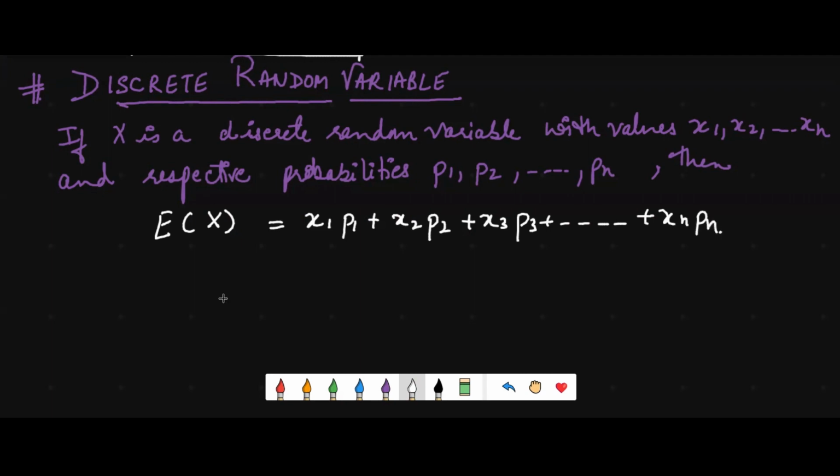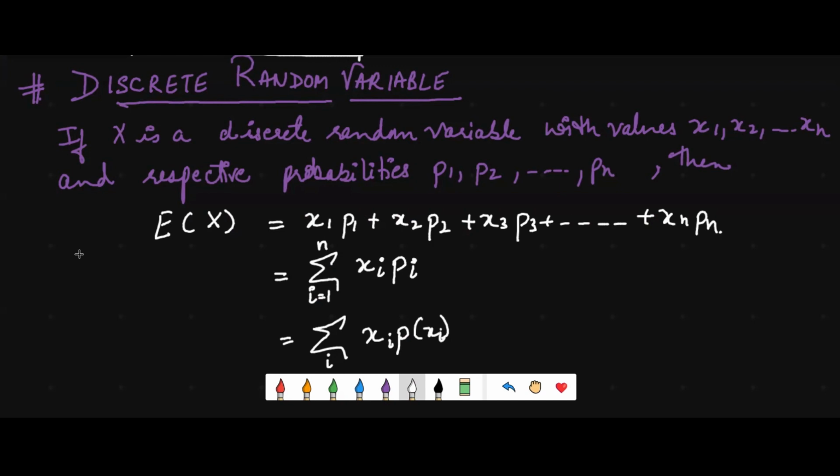So I can also rewrite this as summation i going from 1 to n of xi pi, or I can also rewrite this as x p of x for the i values.